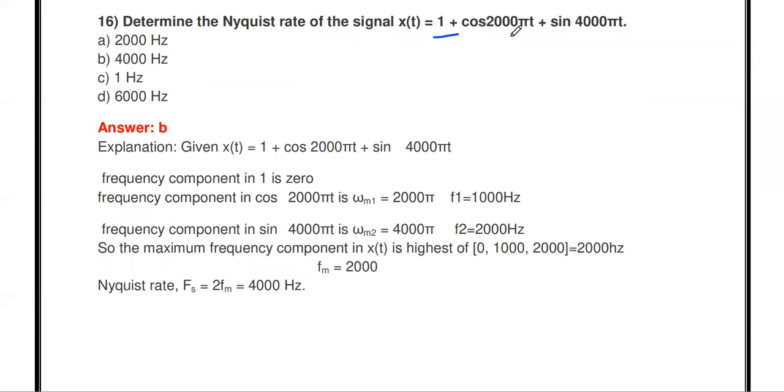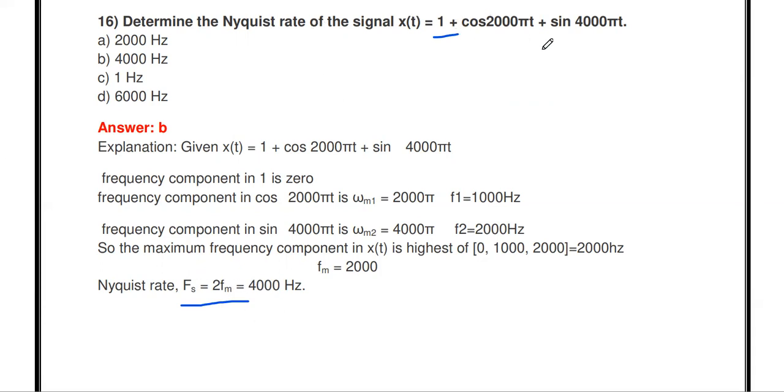Okay. Then the next one is cos 2000 pi t. It's a cosine waveform of some frequency. Another one is a sine waveform of some different frequency. Okay, so in order to find the Nyquist rate, you know the Nyquist rate is nothing but Fs equal to 2Fm, where what is Fm? If the given signal is a single signal, the frequency of that signal is the Fm.